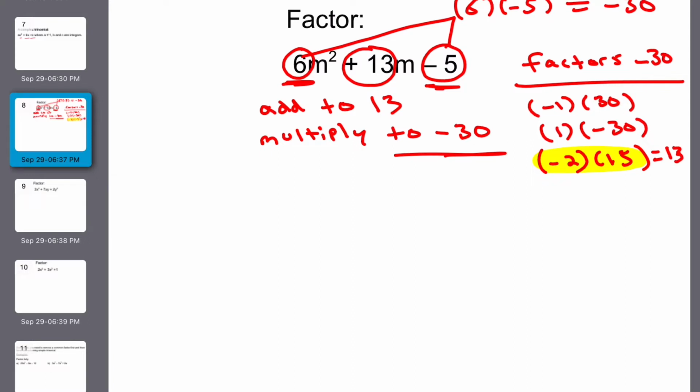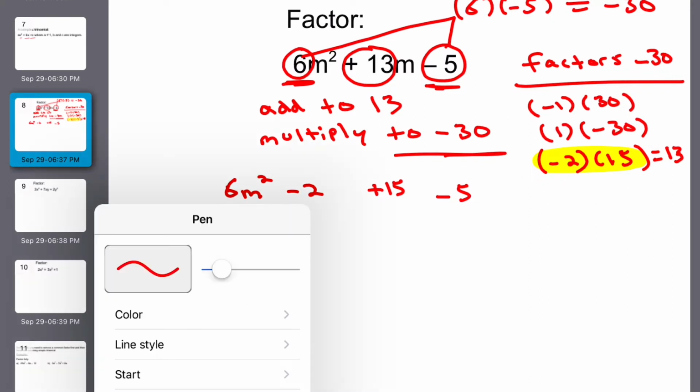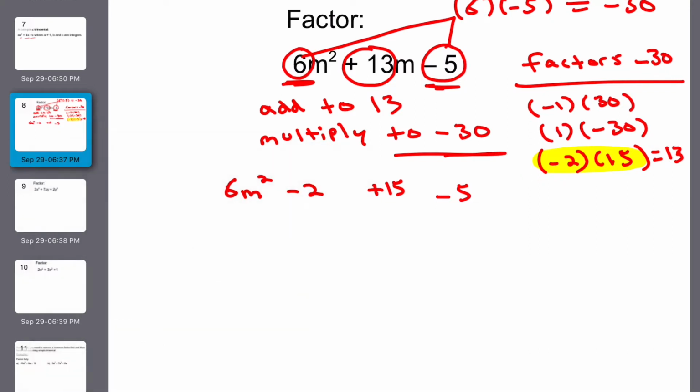However, we can't just go right to our final answer. We have to do something a little bit different here. We're going to write the first term, 6m squared, and write the last term at the end. And those two numbers we came up with, we're going to put in the middle. So we have a -2 and a +15, except we have to add the variable from the question to those numbers as well.